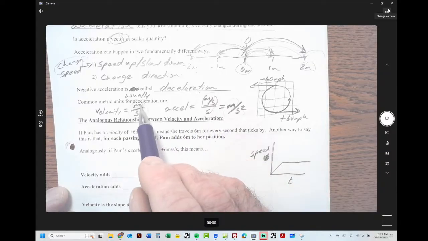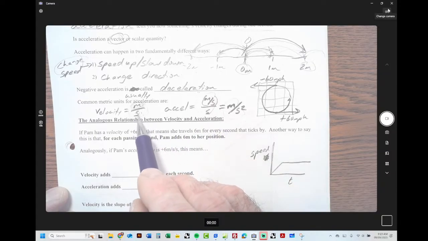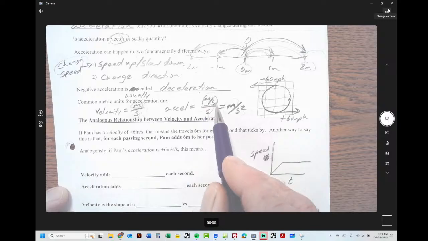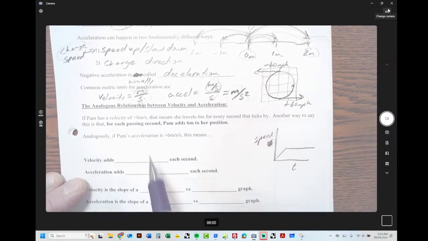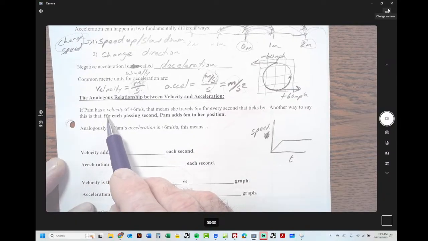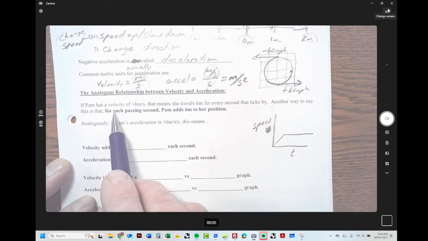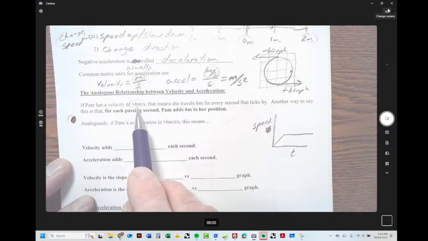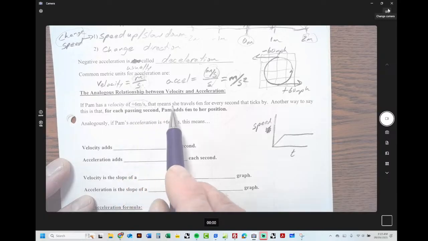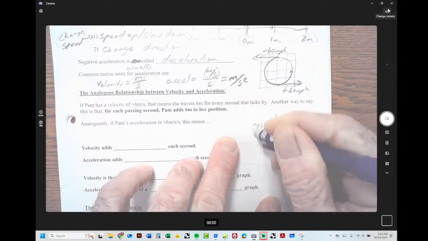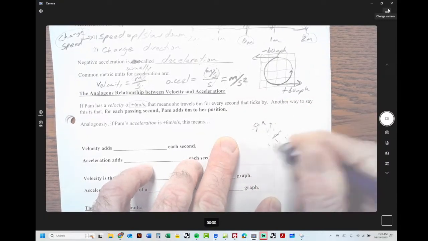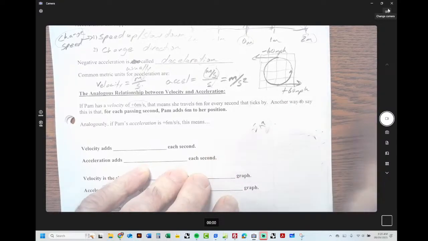So velocity is how far you go every second, and acceleration is how much faster you get every second, or how much slower. All right, I'm thinking more about this. If Pam has a velocity of positive 6 meters per second, that means she travels 6 meters for every second that ticks by. So it'd be what I was doing earlier, except I'd be taking 6 big steps every second.